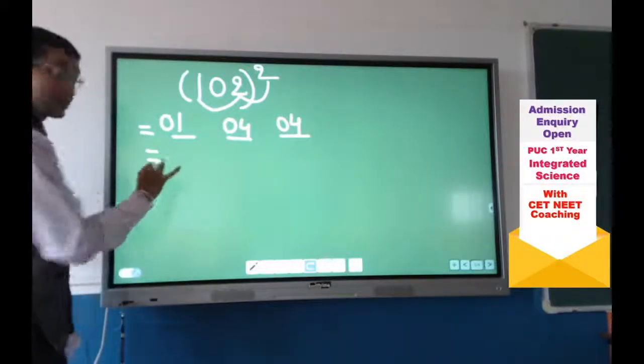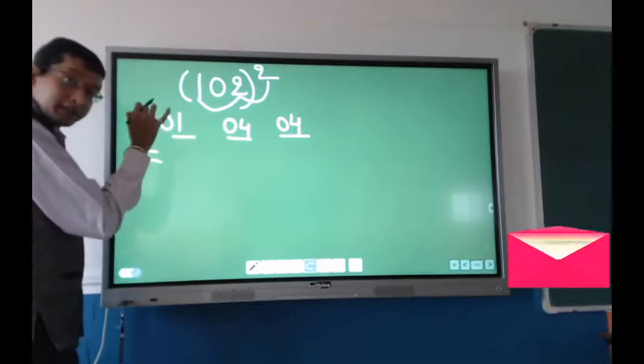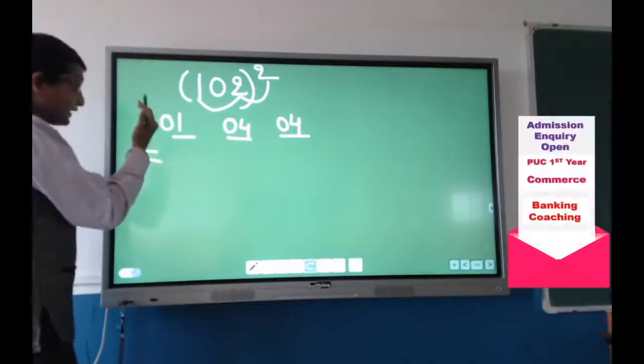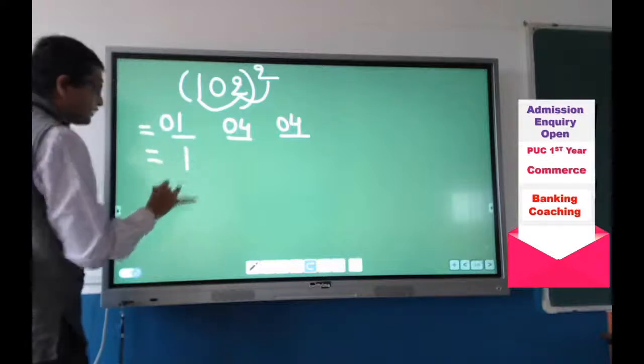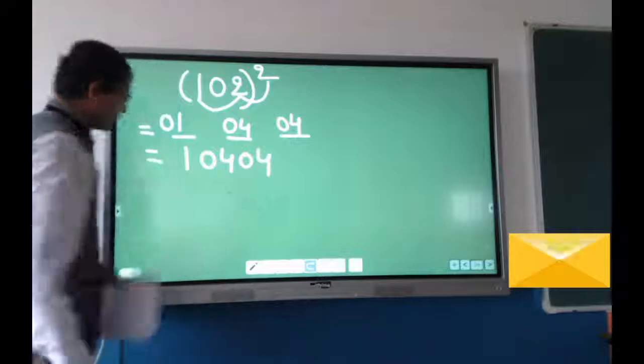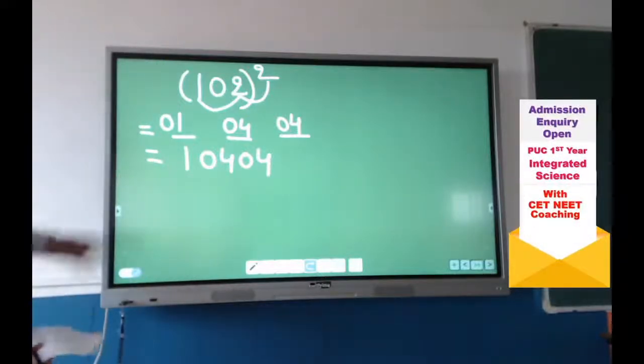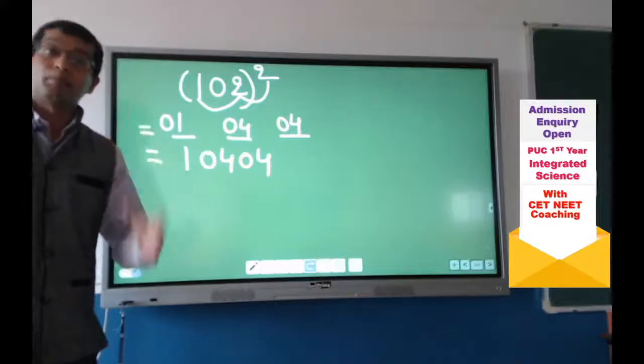So the solution for this is 10404. Using a calculator you can verify it. Like this we can find the square of 3-digit numbers.